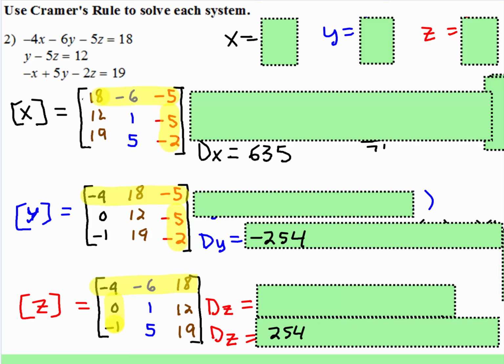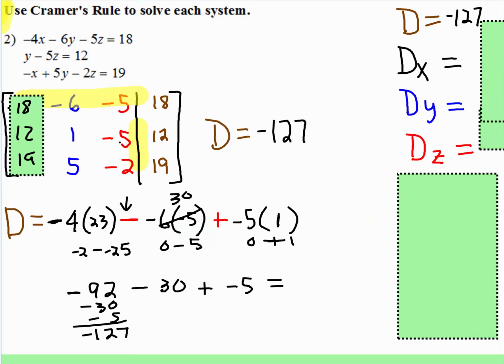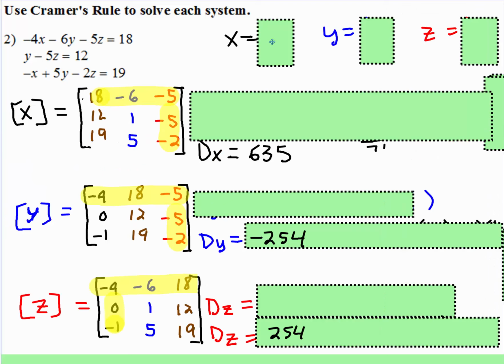And then remember, now we can solve. We can find the x, which is dx over d. And what is d? Well, d is negative 127. So 635 divided by negative 127. We get negative 5.